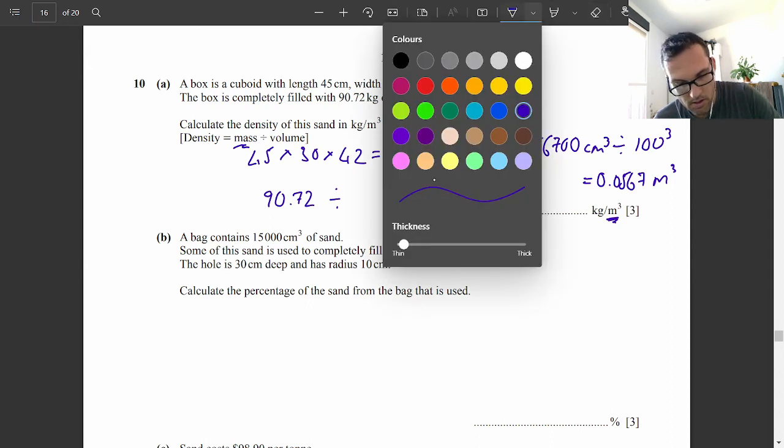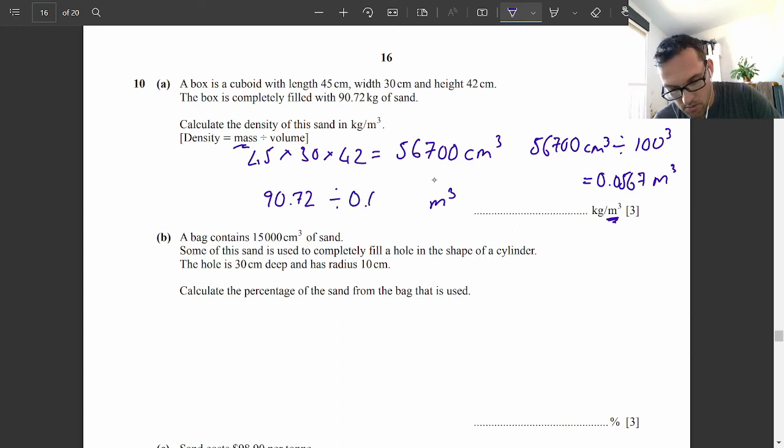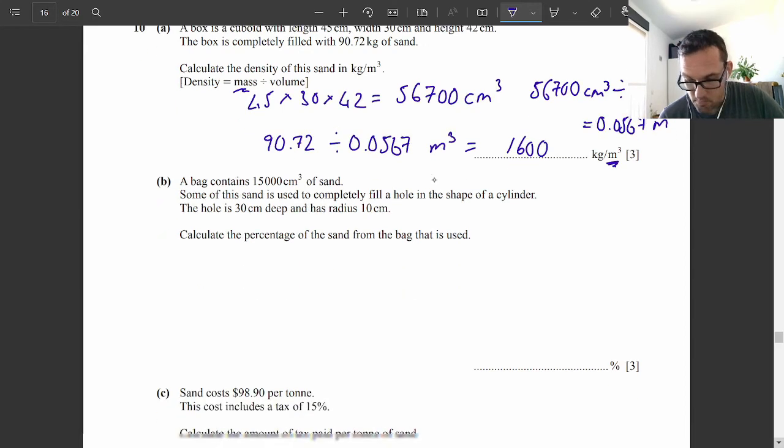Our calculation is 90.72 divided by 0.0567. And then we get the final correct answer of 1,600 kilograms. Be very careful with the units. Make sure you use the right units.